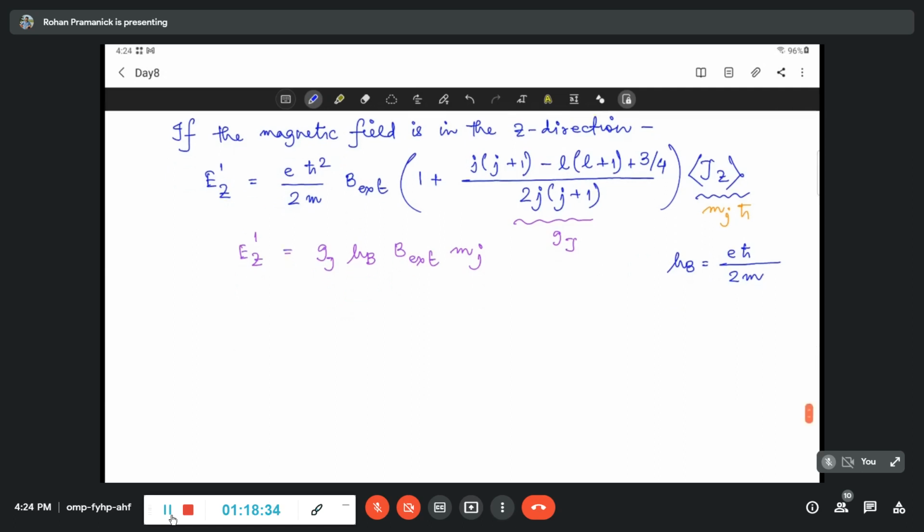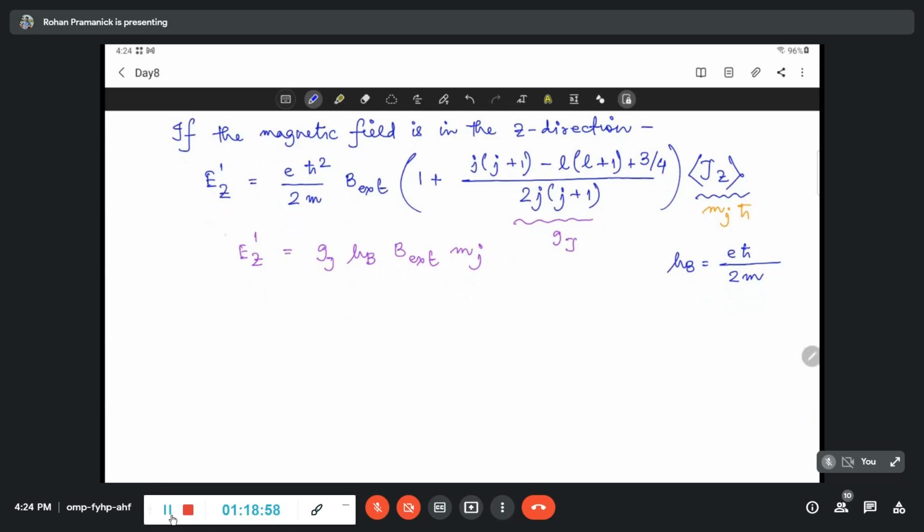This is the Bohr magneton, and in condensed matter physics, the magnetic field and all these kinds of things are measured in terms of this Bohr magneton unit. And you see that this thing depends on the m_j value of the electron in a certain state.